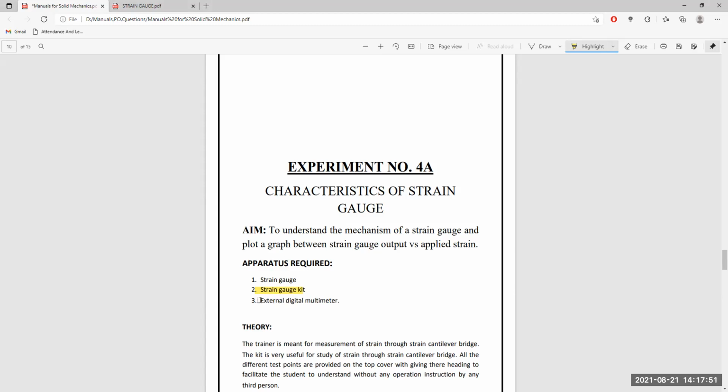We also need an external digital multimeter, through which we have to connect this strain gauge kit to the strain gauge itself.